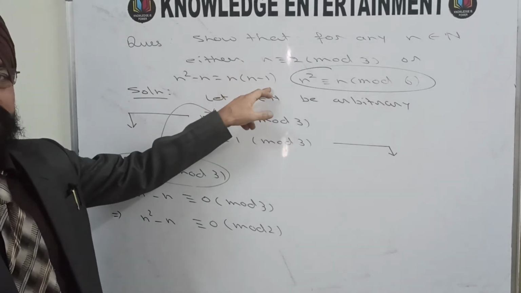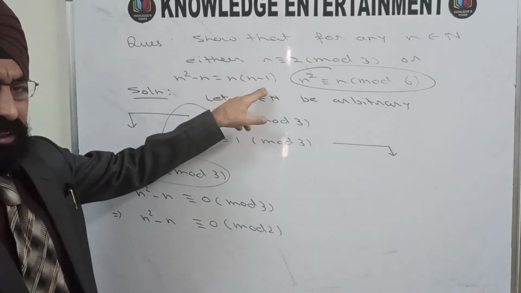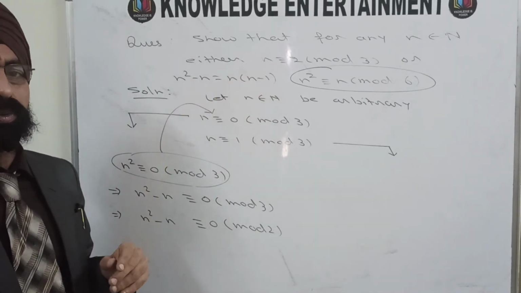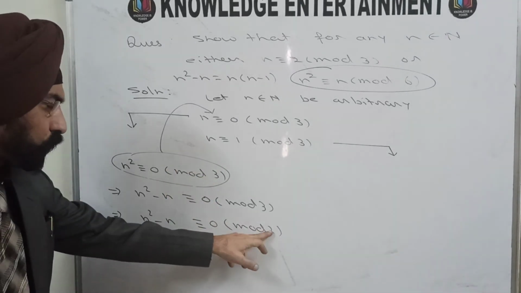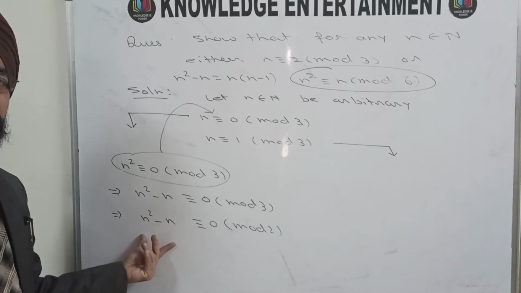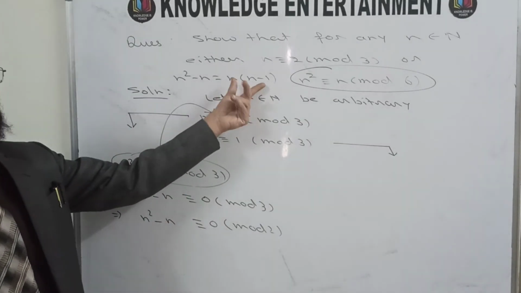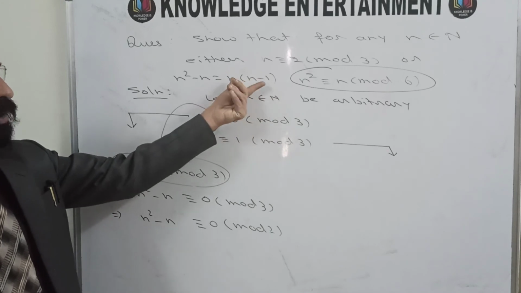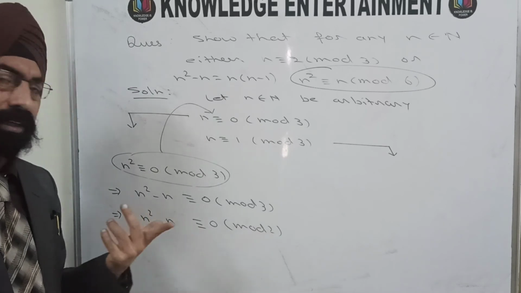Either this is even or this is even. If either one is even, the product will be divisible by 2. And that's what I have written: if this quantity is divided by 2, the remainder is 0 because this quantity is even. If n is even then this quantity is even. If n minus 1 is even, the quantity is once again even. And an even quantity divided by 2 will give you remainder 0.